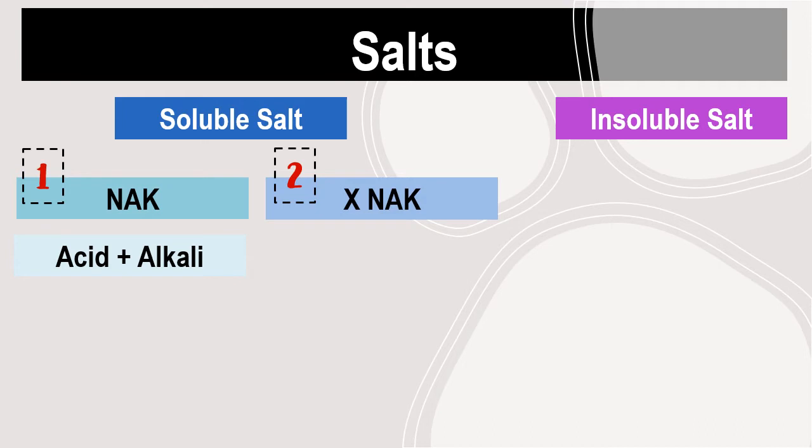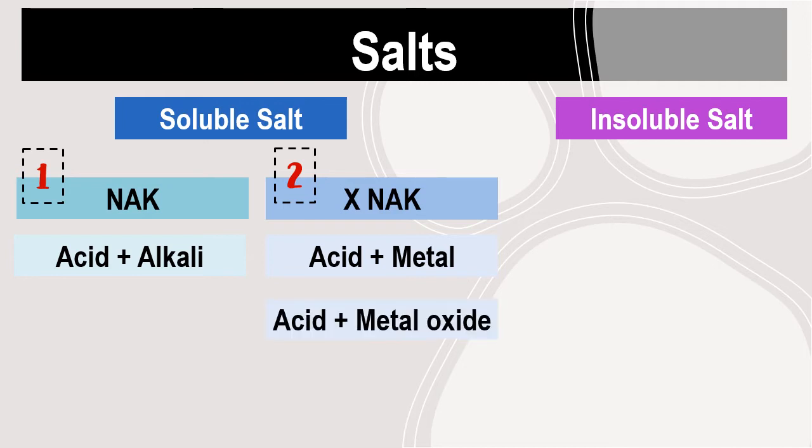Mana yang paling sesuai, iaitu yang pertama ialah acid plus metal. Okay, contohnya kalau kita nak prepare zinc chloride salt, so kita akan gunakan asidnya adalah hydrochloric acid, metalnya adalah zinc. Kita juga boleh guna cara yang kedua, iaitu acid and metal oxide.